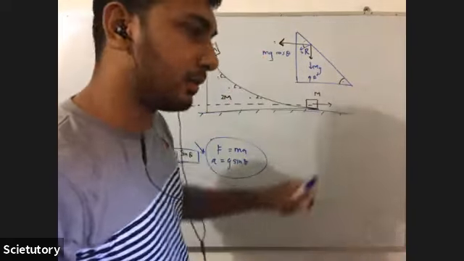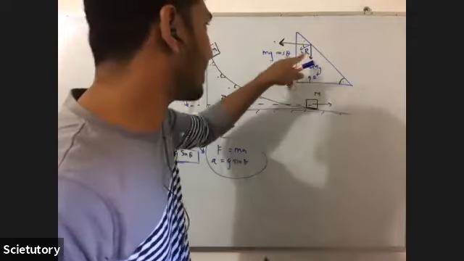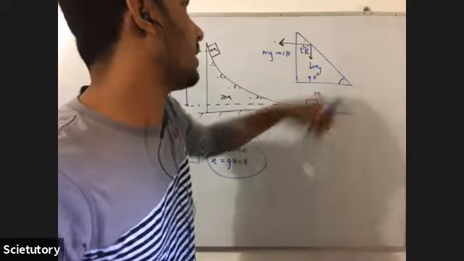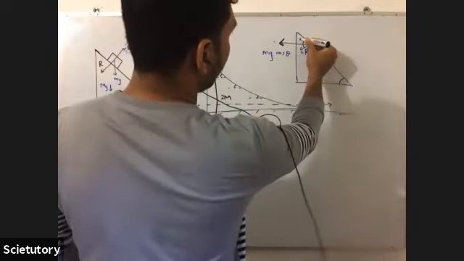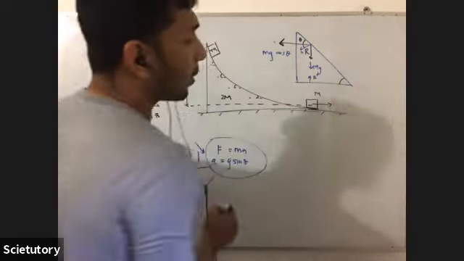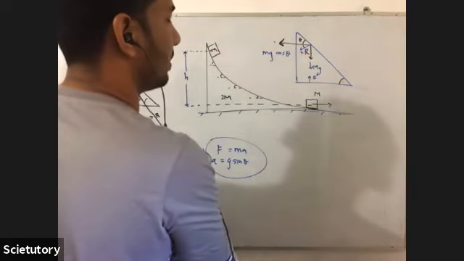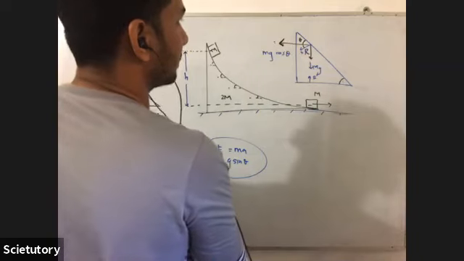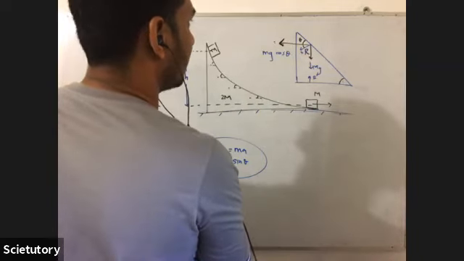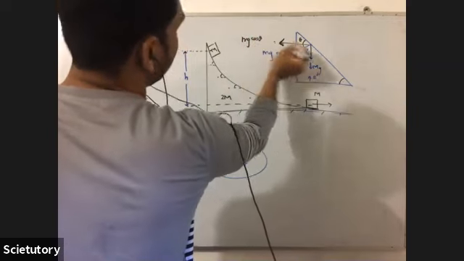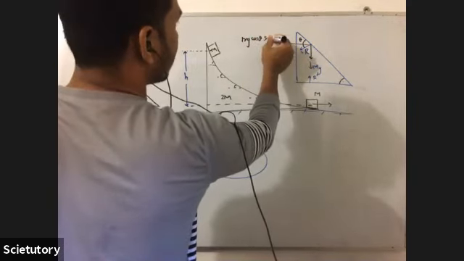And I am going to take components for this R in horizontal and vertical directions. So this is theta. This should also be theta because those two are corresponding angles. So what's the magnitude of this horizontal component? mg cos theta sin theta. Very good. mg cos theta sin theta.